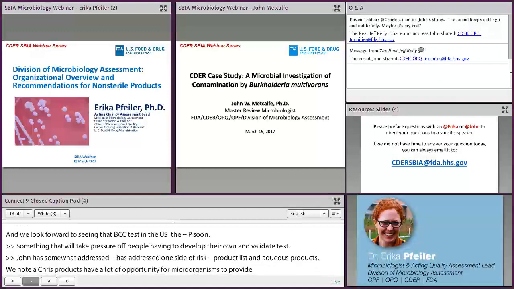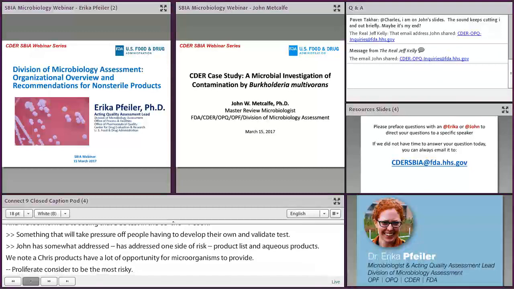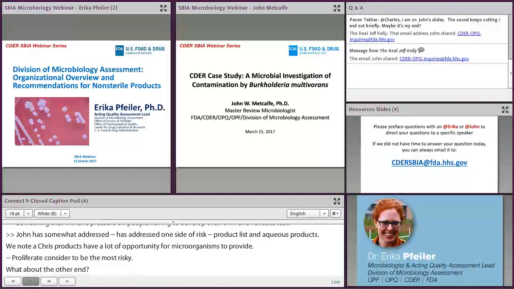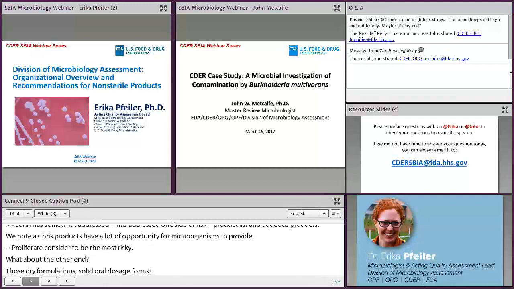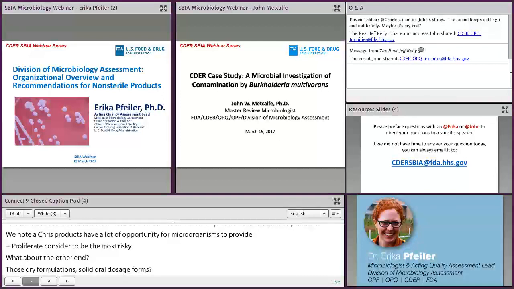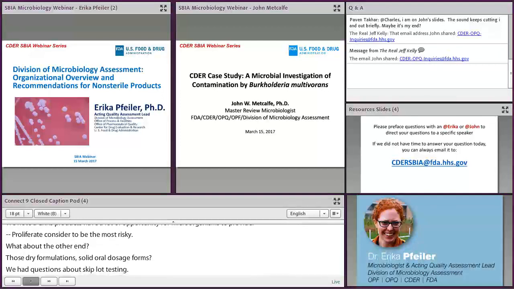But what about on the other end, those dry formulations, those solid oral dosage forms, things like that? We had some questions about skip lot testing and what kinds of risk assessments to perform when pursuing a skip lot testing strategy for a very low risk product.